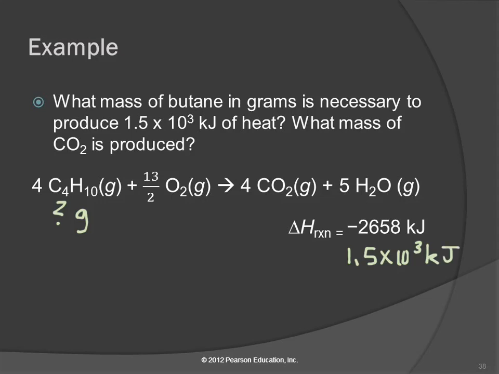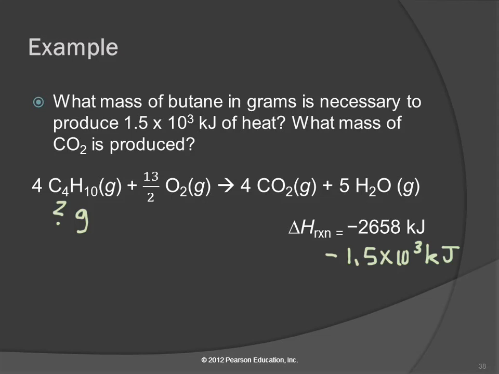Now, is that positive or negative? Is it going out or coming in? It's going out. So then it's negative. What's sometimes quite confusing about heat is that sometimes we'll use a sign to indicate the direction, and sometimes we use words.